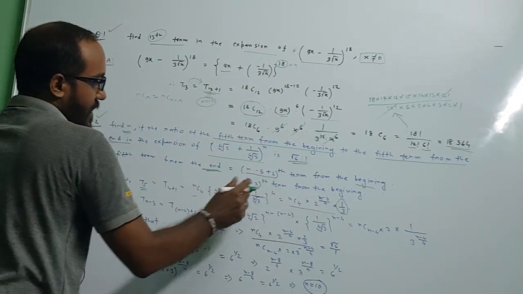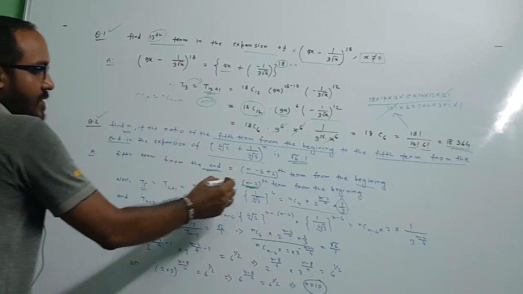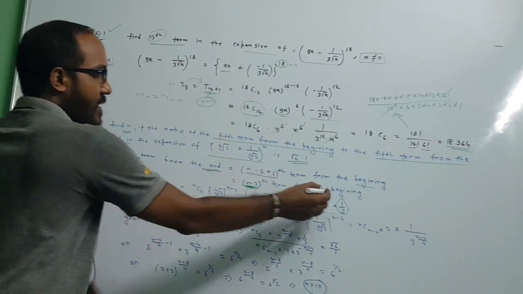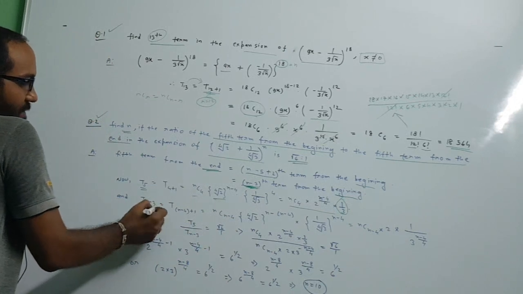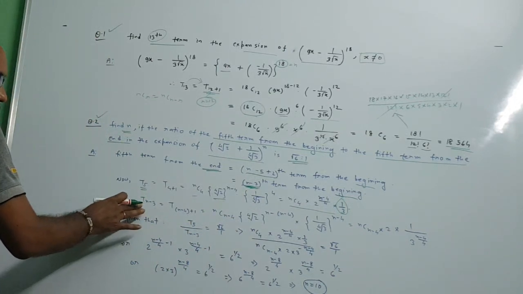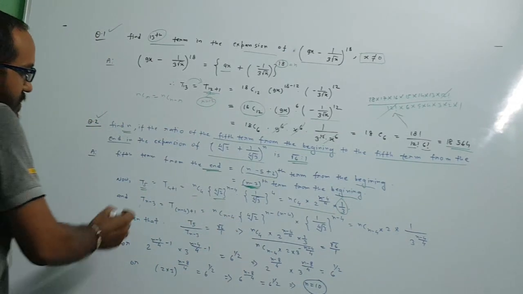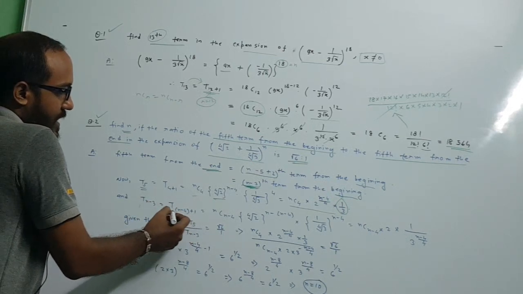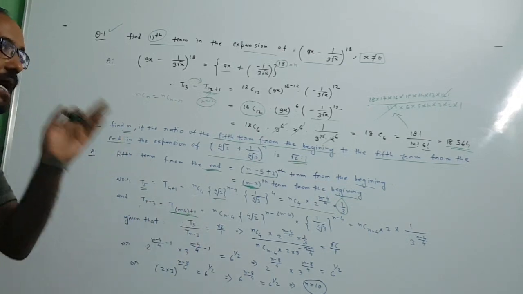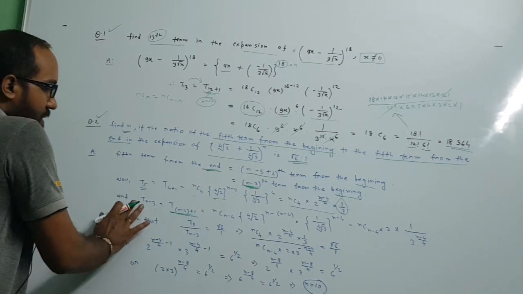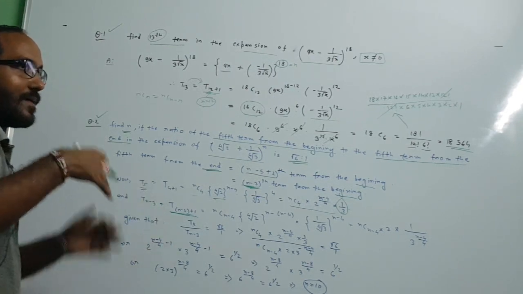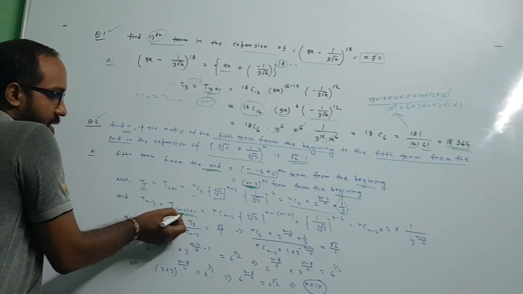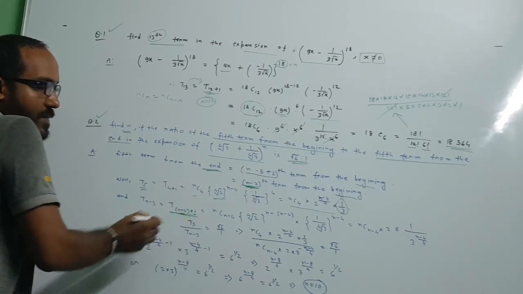Now fifth term from the end is our n minus 3th term from the beginning. So t n minus 3, this is our fifth term from the end. So t n minus 3, we have to make it as t r plus 1th term. So in order to make t n minus 3 as t r plus 1th term, decrease by 1 here and increase by 1 here.